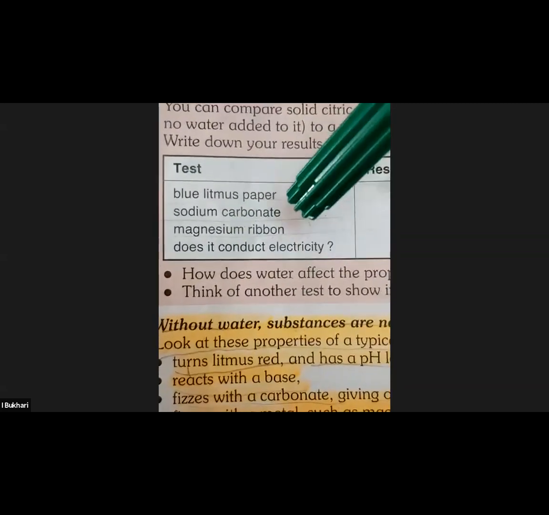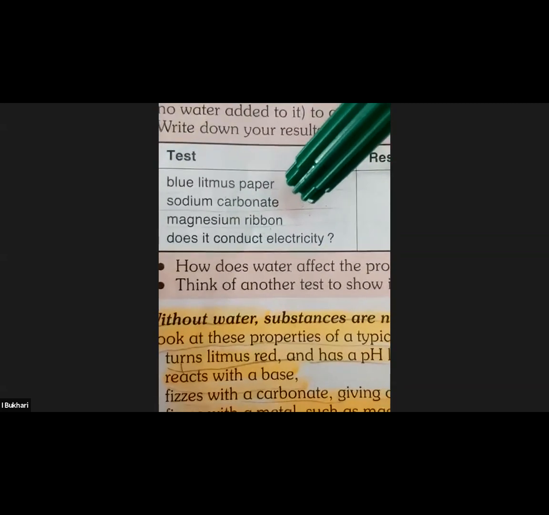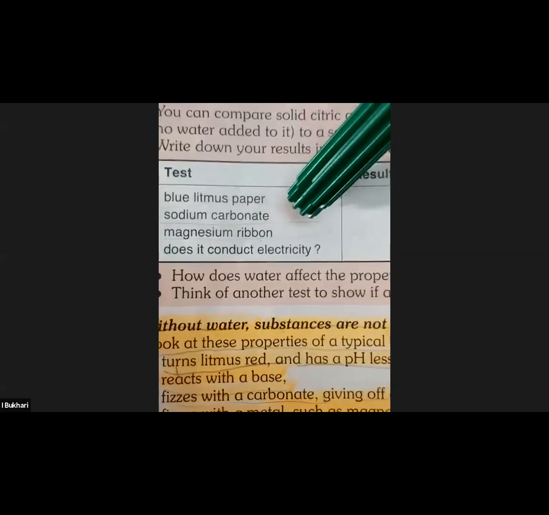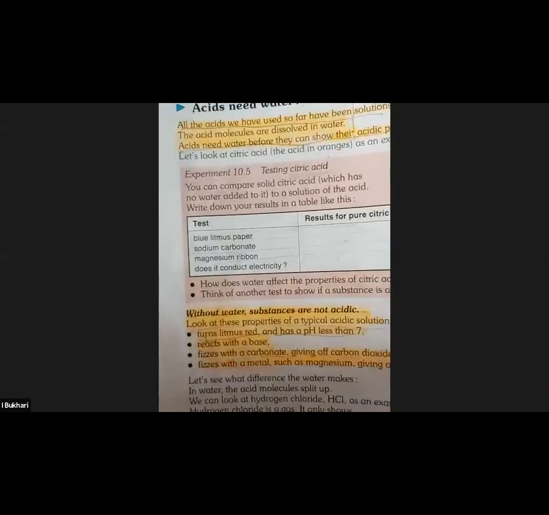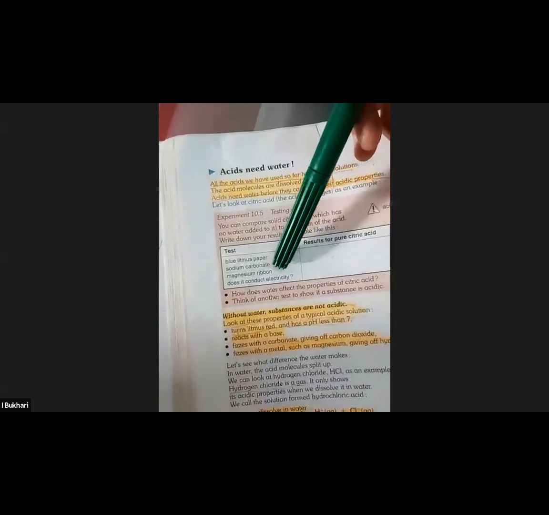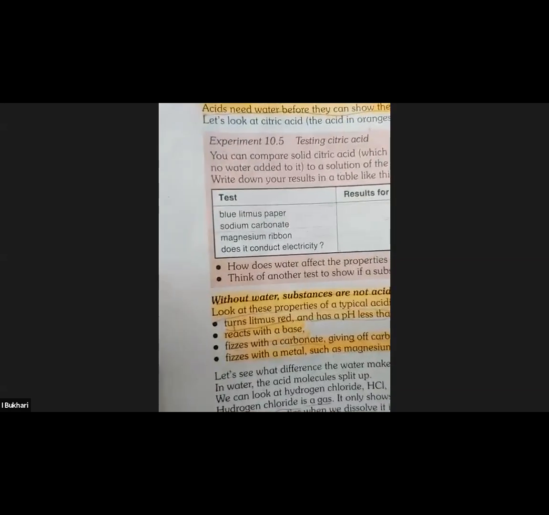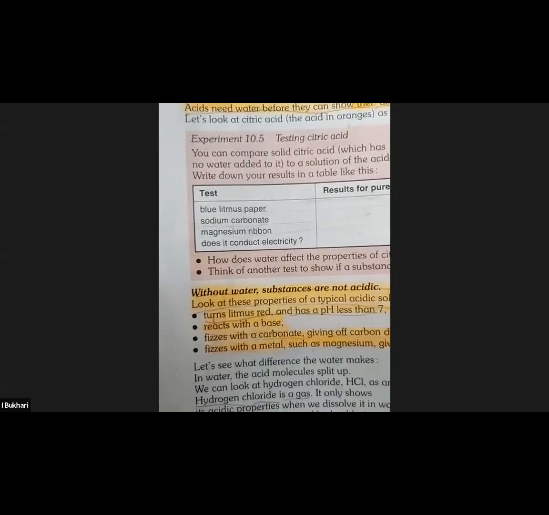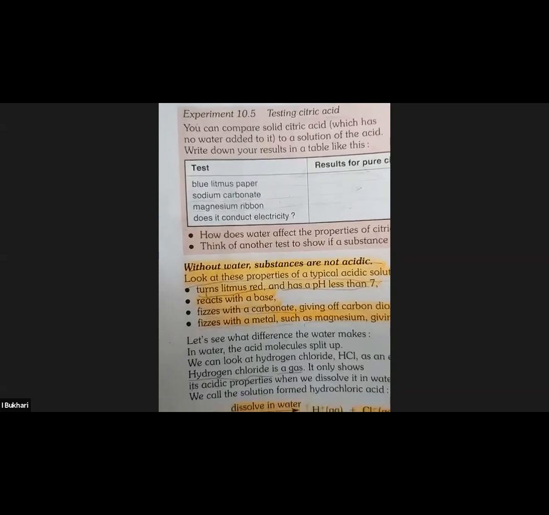Can we use a neutralization reaction to test if the solid citric acid and citric acid solution are acidic or not? Well, yes, we might. We can use neutralization reaction as well, but again, we will use indicator, to indicate to us when the reaction is complete and when you have neutral salt.